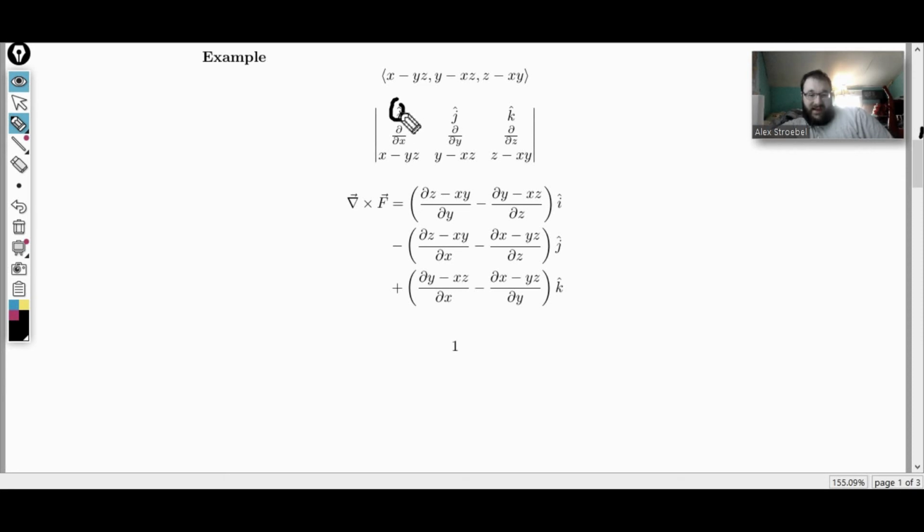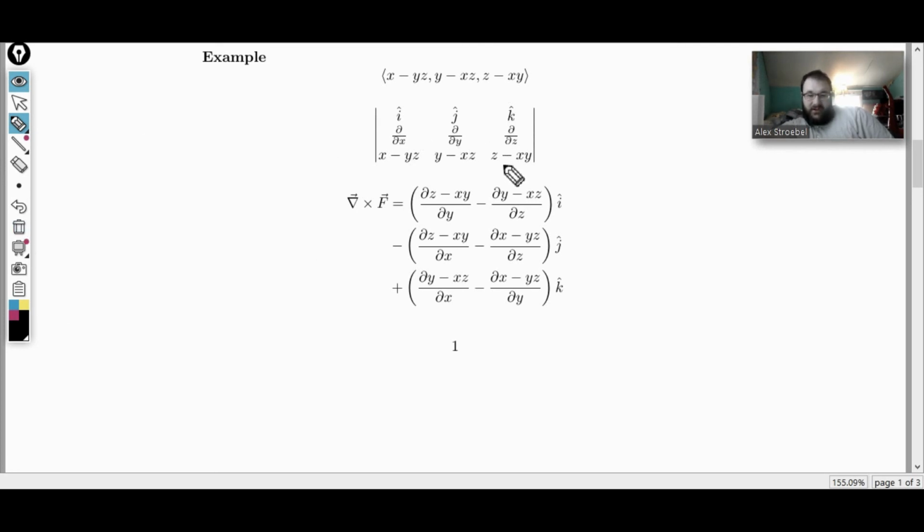So in order to find the i, we take the determinant of that matrix, and then in order to find the j, we take the determinant of this matrix, and then to find the k component, we take the determinant of this matrix.